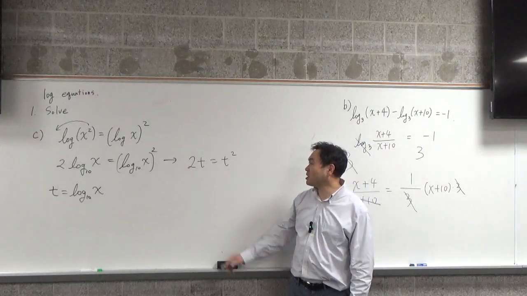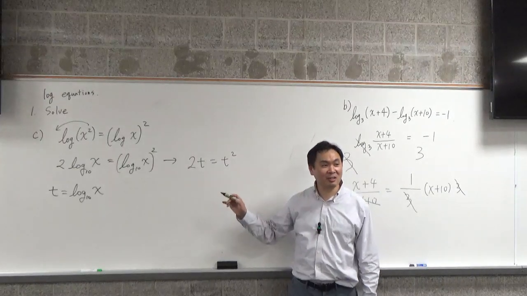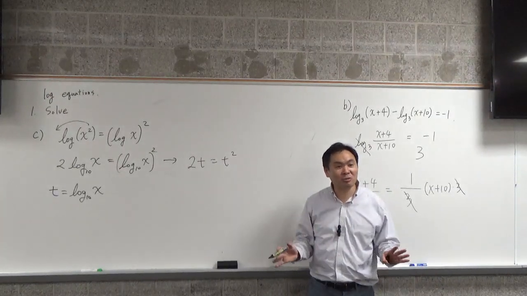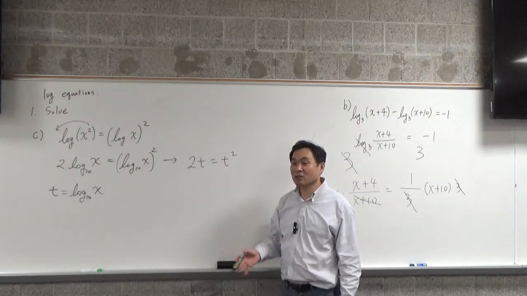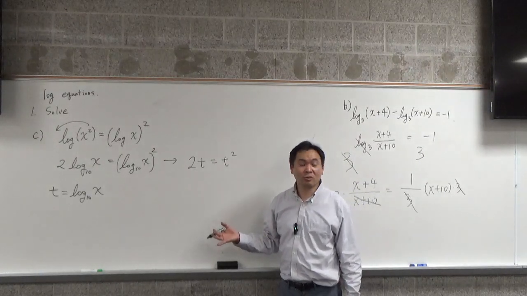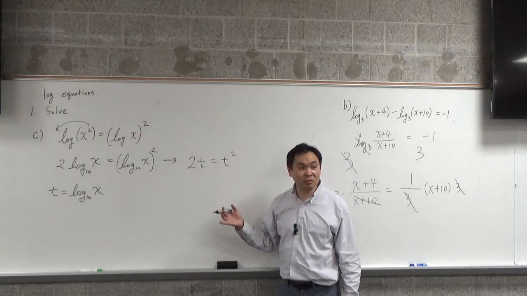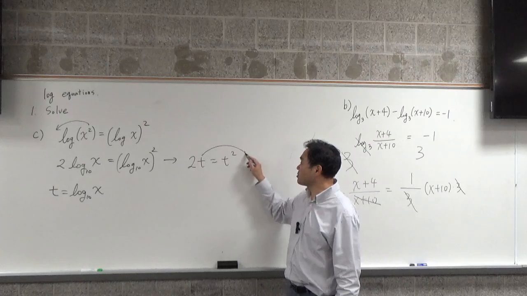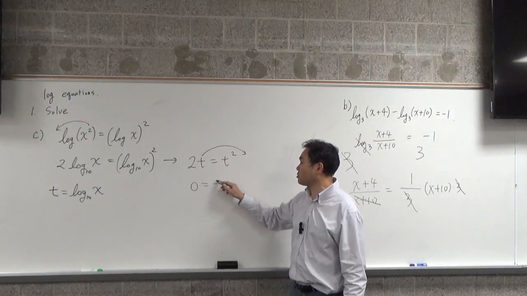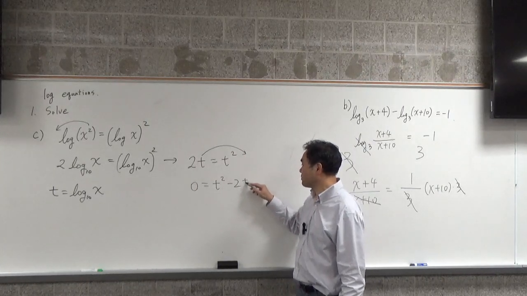One way is to divide both sides by t and you get t equals 2. However, that's going to miss one solution. You shouldn't do that because t could be 0. So it's either t is 0 or t is 2. The better way to solve this is to move this to the other side, and you get 0 equals t squared minus 2t.